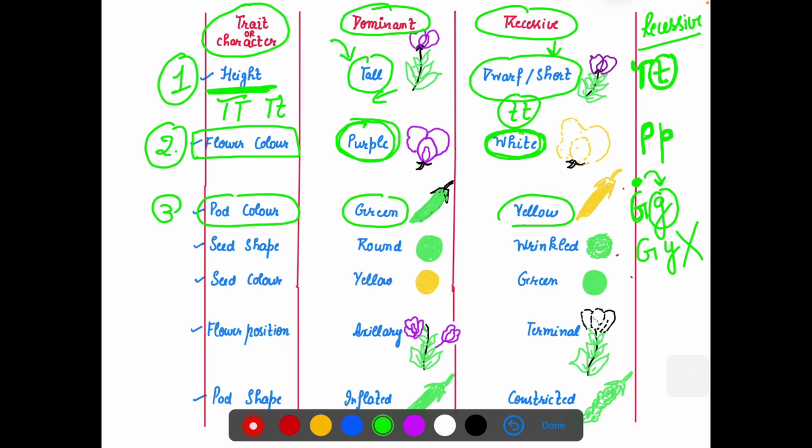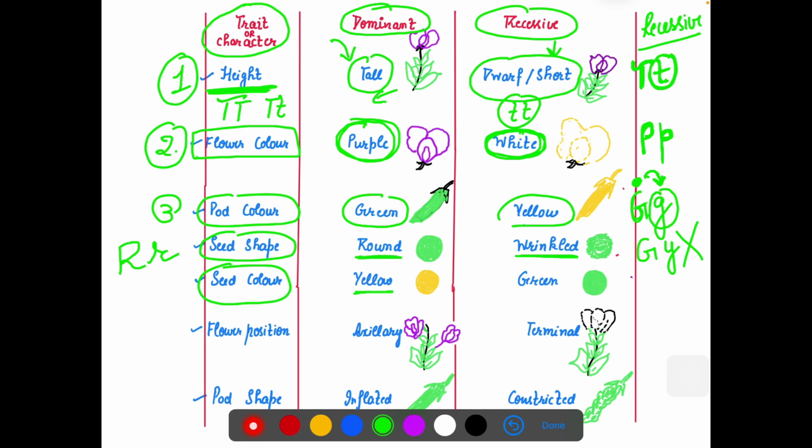The capital letter which you have taken for the dominant, its recessive will always be the small letter. Now, seed shape. Mostly when you observe P, they are round in shape. Hardly anyone is wrinkled. So for round I will take R, and for wrinkled there will be small r. Seed color. The dominant seed color is yellow.